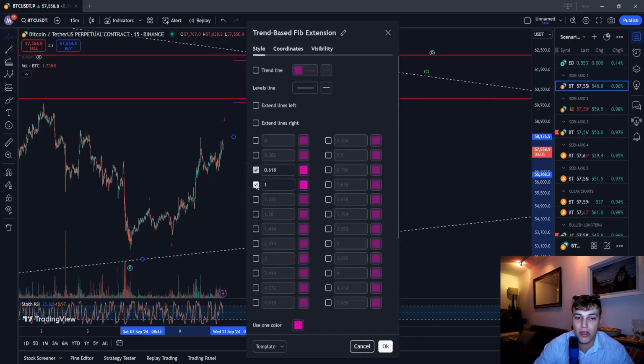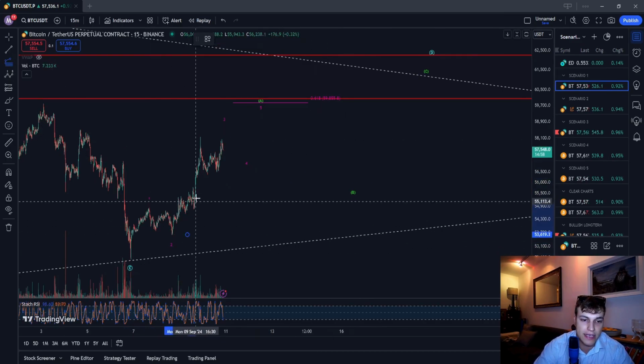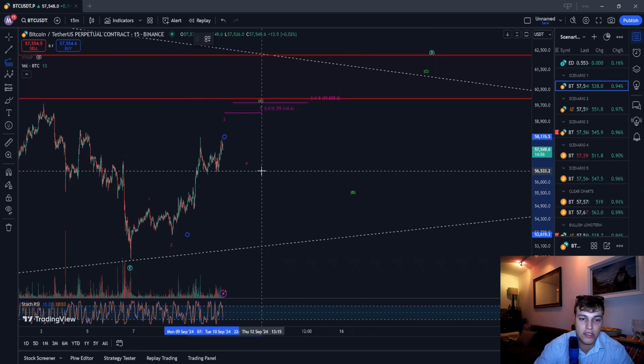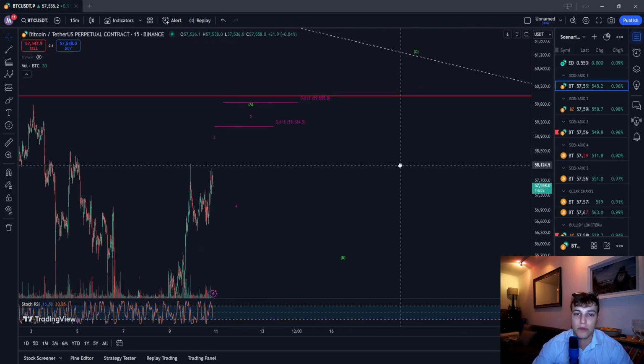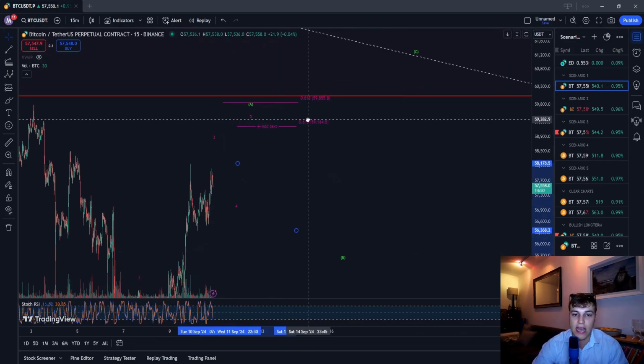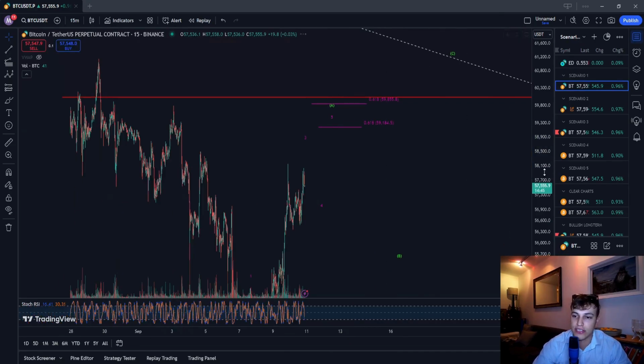So if we go here, we can see it sits at around that 59,800, and another area of confluence from here all the way to here to the bottom of 4 at 59,184. So between these two levels here, that is where I would add some shorts targeting this B wave.